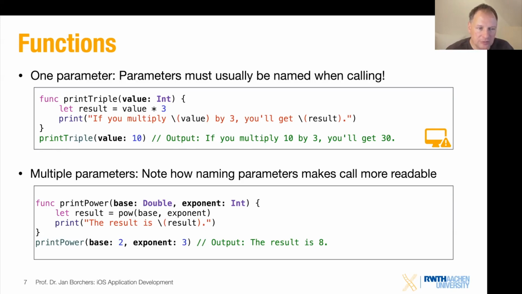Value is the name of the parameter, and behind the colon is the data type of that parameter, right? Obviously. That's not surprising. But what might be surprising is when we call this function with that single parameter, we're actually mentioning the name of the parameter again. And that's something you're probably not used to from things like Java.